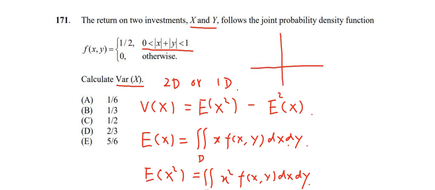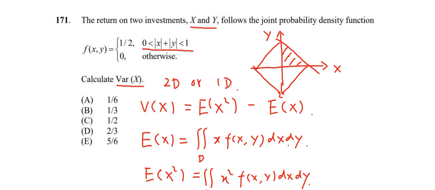If x and y both of them are positive, so this becomes x plus y equal 1 and x plus y equal 0. So this is this part, right? Okay, so we know this in the second quadrant is just like this. So this D is such a square. So here's 1, 0, here's 0, 1.